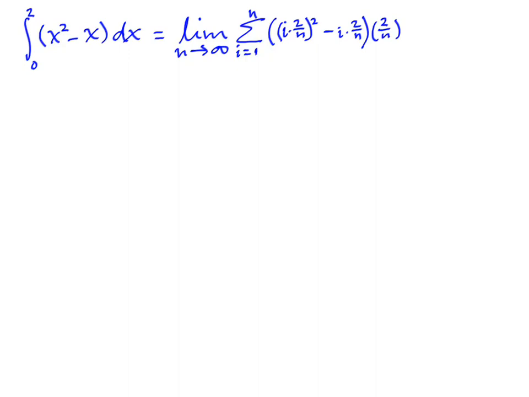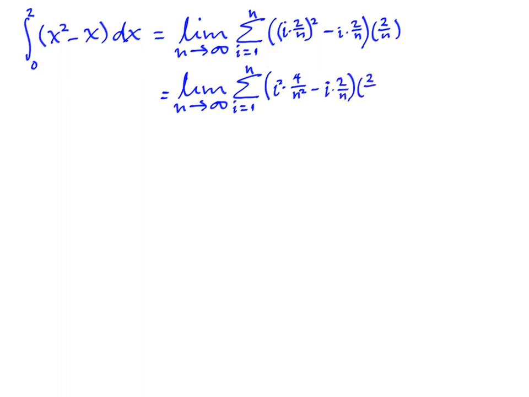So first of all, I'm going to square that i times 2 over n. So I have the limit as n approaches infinity of the finite sum of i squared times 4 over n squared minus i times 2 over n.